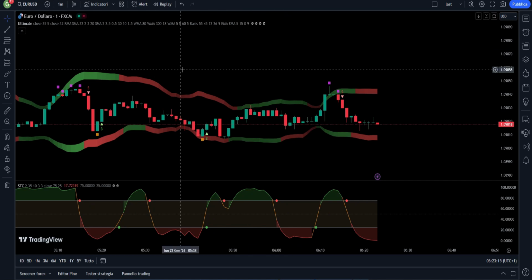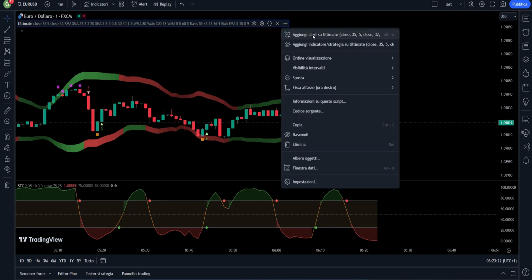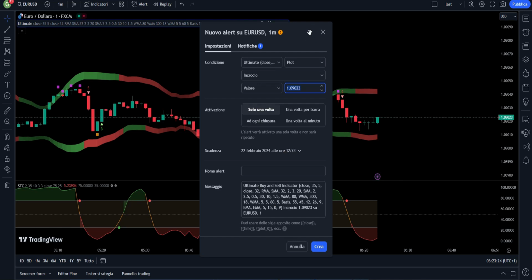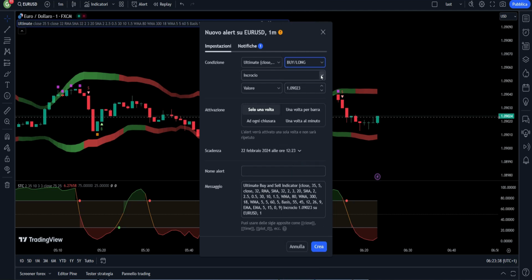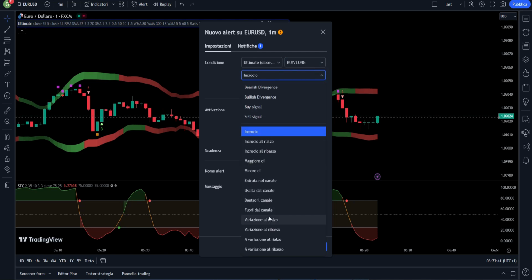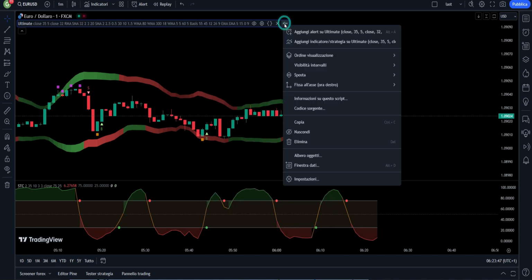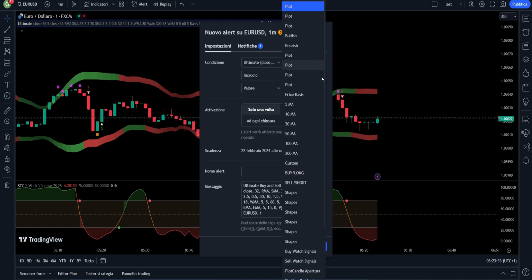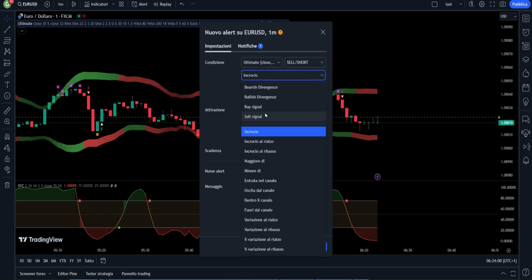We can also activate the alerts by clicking on the three dots of the indicator. Now that we know how to prepare the TradingView chart, we can use it with any strategy.